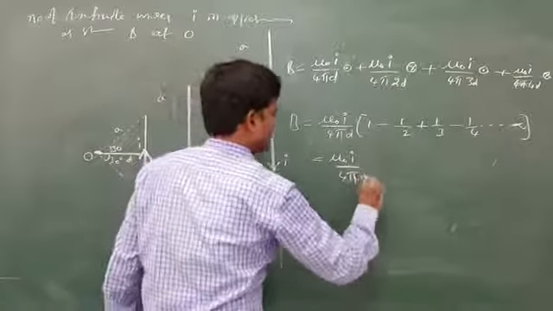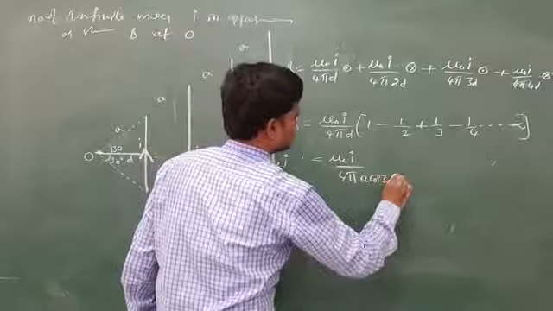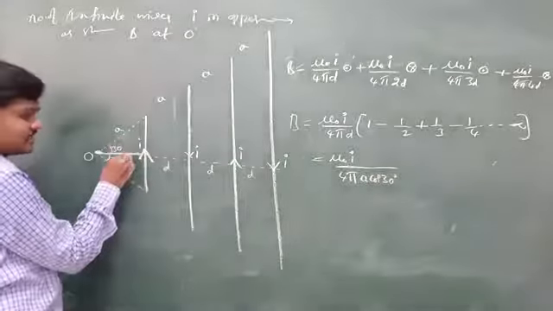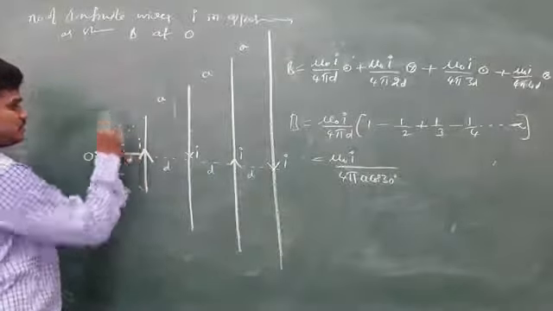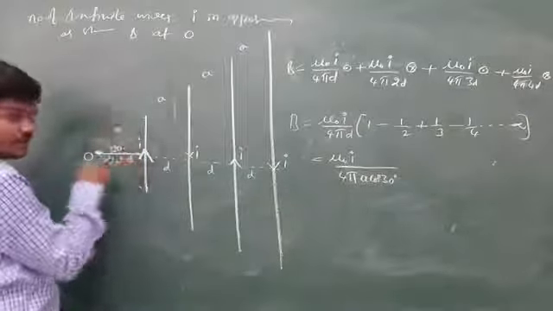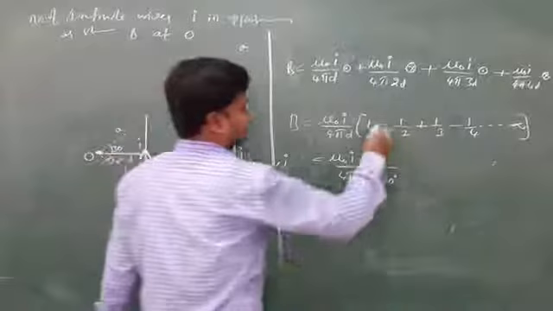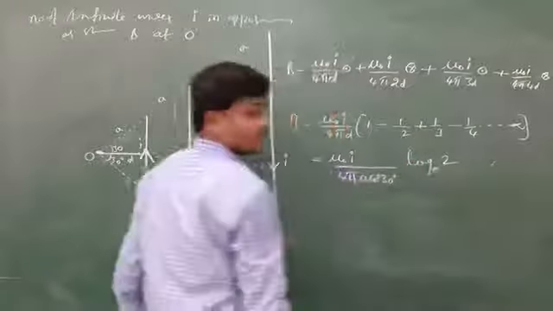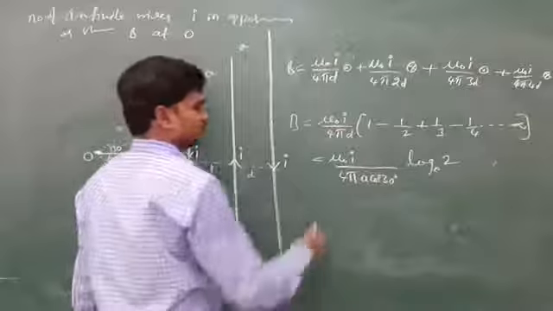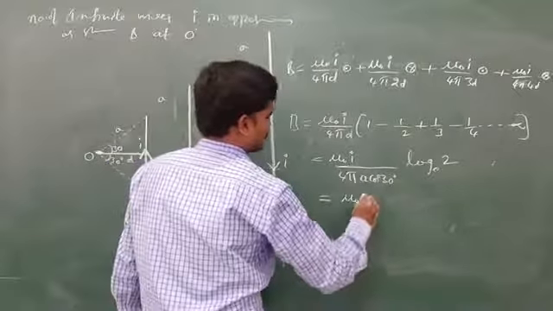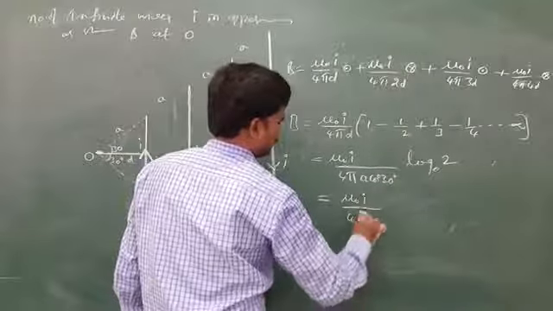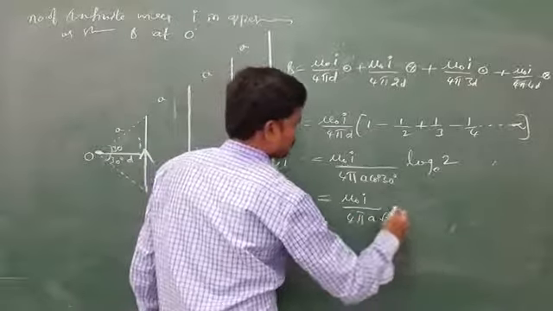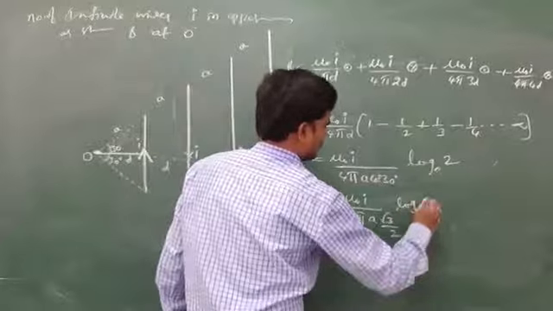And this one, mu naught I by 4 pi d. What is d? This d is equal to a cos 30, so resolve the component. And this is the log 2 series: 1 minus 1 by 2 plus 1 by 3 is the log 2 series. So mu naught I by 4 pi a cos 30, which is root 3 by 2, times log 2.